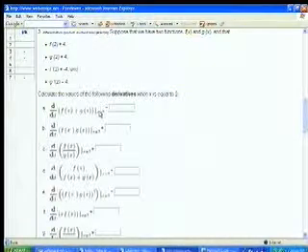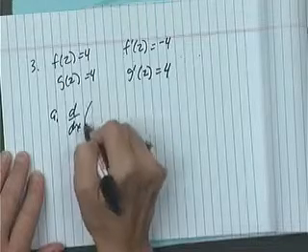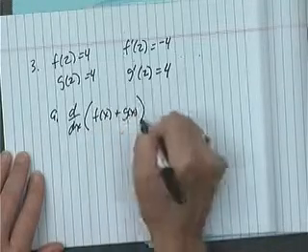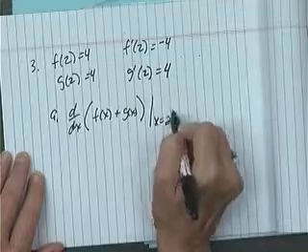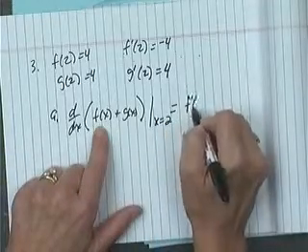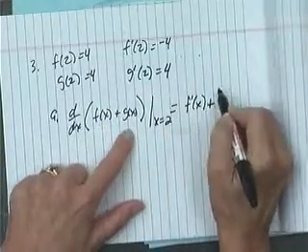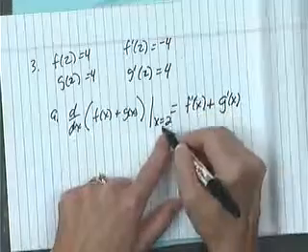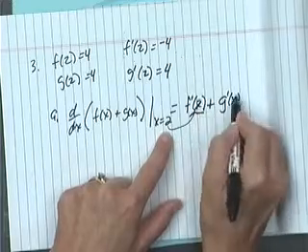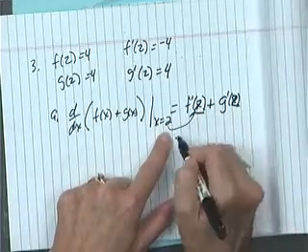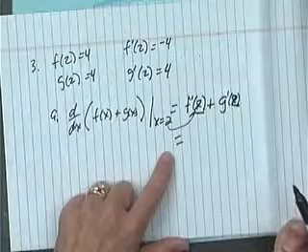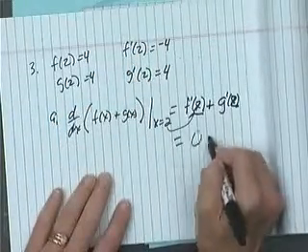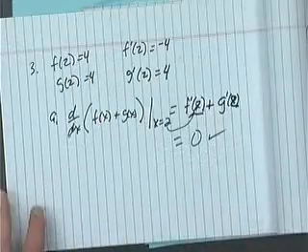So for part A, the derivative of a sum, f of x plus g of x, evaluate at x equals 2, you're going to find the derivative of the f, you're going to find the derivative of the g, and you're going to evaluate at 2. So somebody tell me that answer right away. -4 plus 4, 0. Okay?